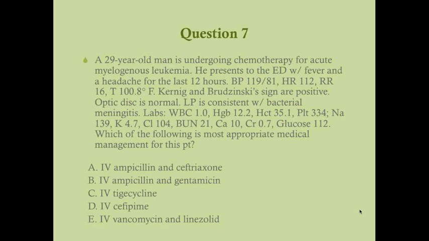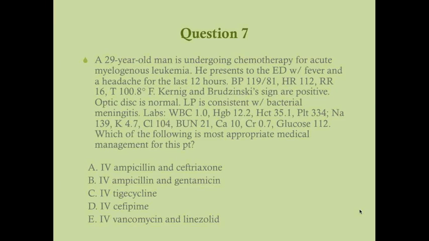And here we drew his labs, and his white blood cell count is 1.0, hemoglobin 12.2, hematocrit 35.1, platelets 334, sodium 139, potassium 4.7, chloride 104, BUN 21, calcium 10, creatinine 0.7, glucose 112. Which of the following is the most appropriate medical management for this patient? Is it A, IV ampicillin and ceftriaxone, B, IV ampicillin and gentamicin, C, IV tigecycline, D, IV cefepime, or E, IV vancomycin and linezolid?